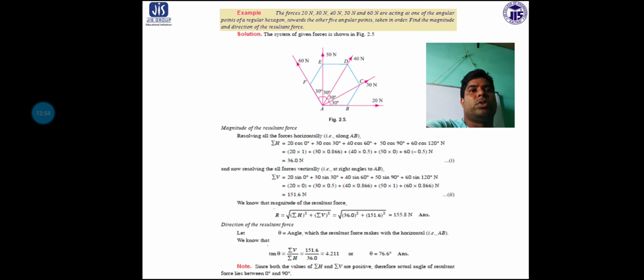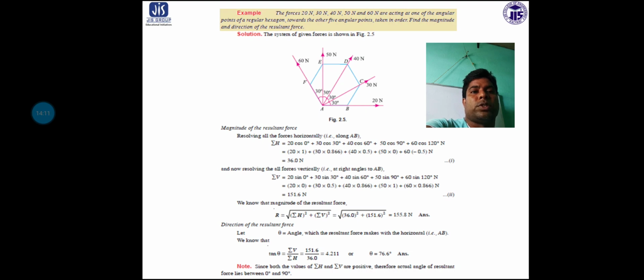Find the magnitude and direction of the resultant force. So all the forces are 20 Newton, 30 Newton, 40 Newton, 50 Newton and 60 Newton, all acting towards the angular point.